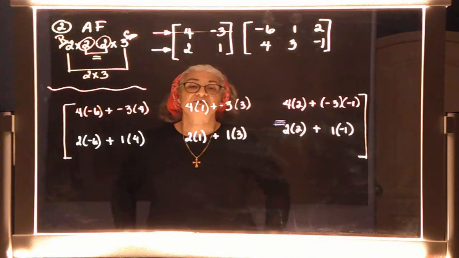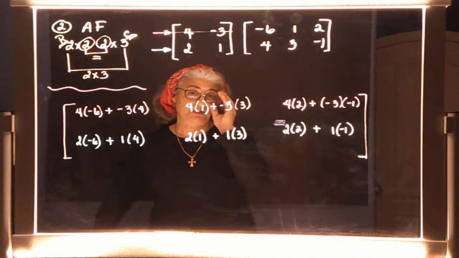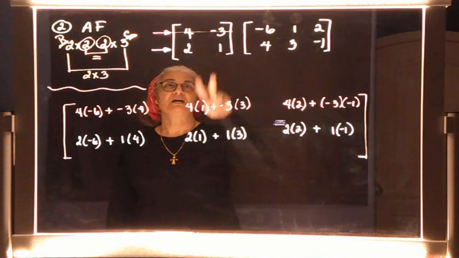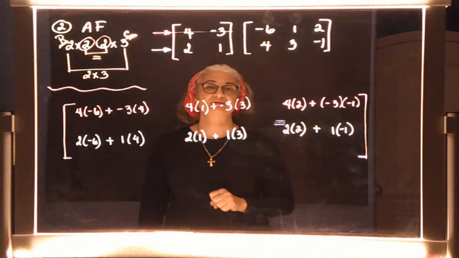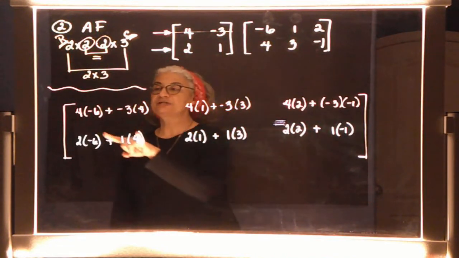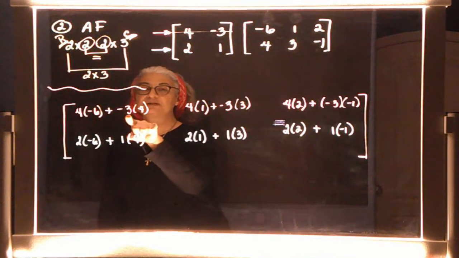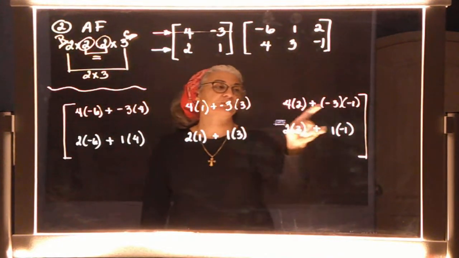Okay, I'm going to pause here a second. Something I'd like you to notice. First row had the numbers 4 and -3, correct? Well, do you notice in the first row, 4, -3, 4, -3, 4, -3?